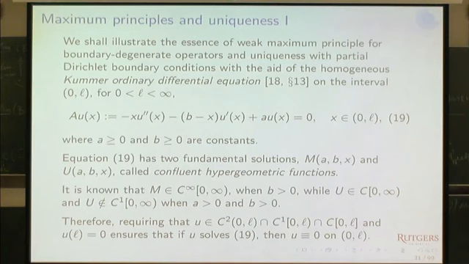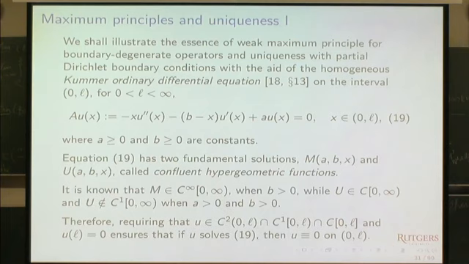Just to give you an example, there are no undergraduate students here, for better or worse, but let me recall nonetheless one of my favorite classical ODEs, the Kummer ODE. Its fundamental solutions are the confluent hypergeometric functions.